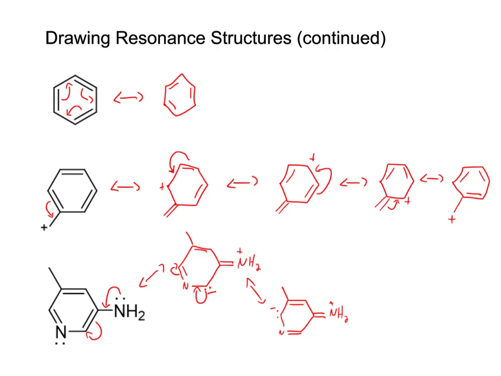I can continue drawing resonance structures by simply moving this lone pair around the ring.